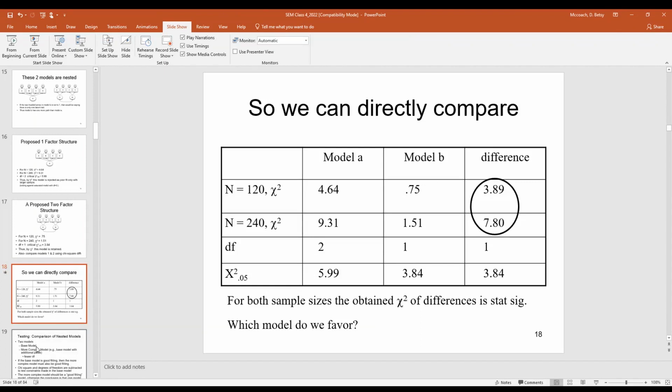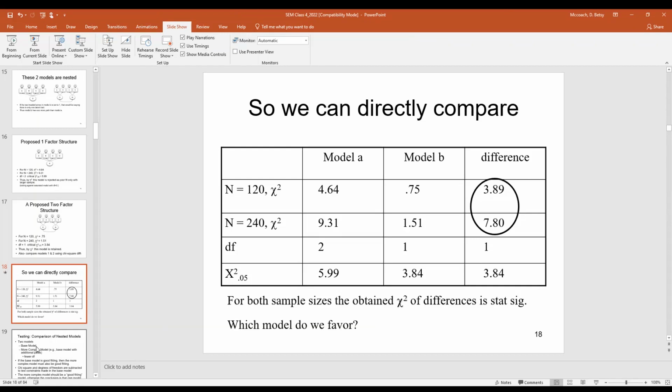How many degrees of freedom difference are there between models A and B? 1. So I'm going to compare that difference, 3.89, to a chi-square with 1 degree of freedom. And the critical value of chi-square with 1 degree of freedom is 3.84. So I just barely cross over that threshold.